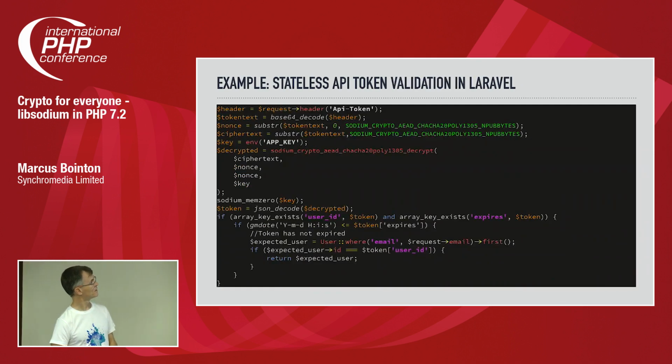So here's the decoding side of it. They make a request to us, and we do something clever here. This is another Sodium feature, this mem0. One of the problems here is that we've got the key in memory. But once we've used it, we don't need it anymore.